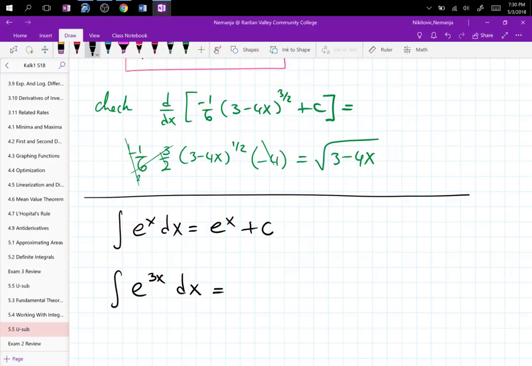And we can deal with this by saying u equals 3x, because we know how to integrate when you have just a variable in the exponent. So now du is equal to 3 dx, from where dx is equal to 1/3 du.